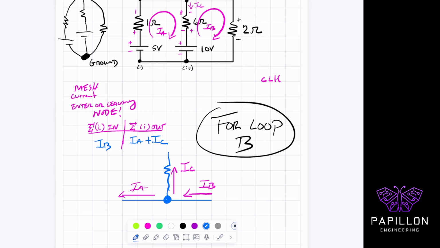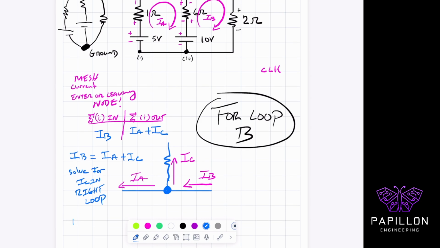So if I were to write this, that means algebraically this will be the same as IB equals IA plus IC. And if I solve for IC in the right loop, I'm going to be specific so I don't confuse myself later. It's going to be IC equals IB minus IA.